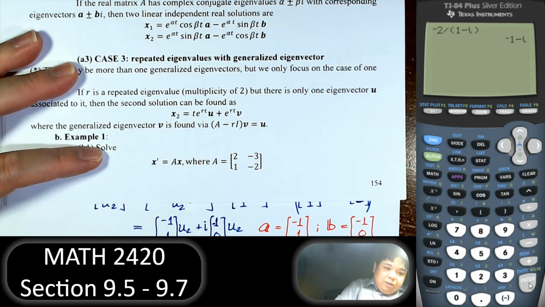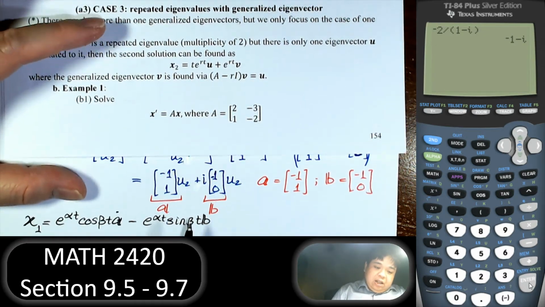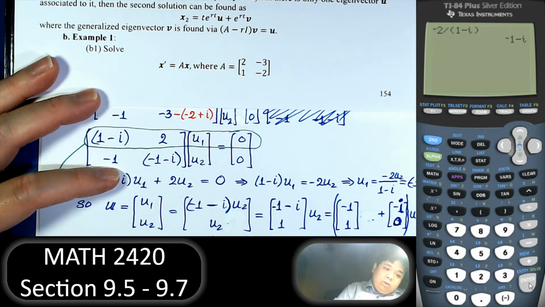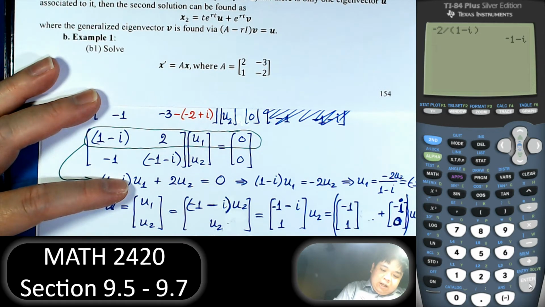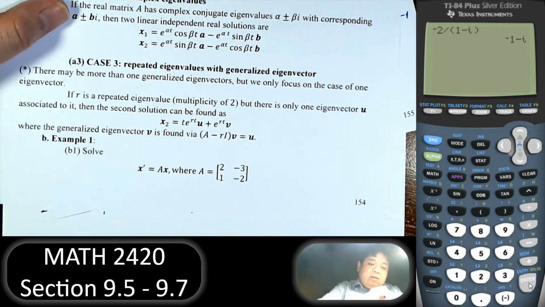So x1 is equal to e^(alpha t) cosine beta t times vector A minus e^(alpha t) sine beta t times vector B. Of course, A and B are here, and alpha and beta are there. x2 is e^(alpha t) sine beta t times A plus e^(alpha t) cosine beta t times B. Sorry, I just copy from what I have from that formula.